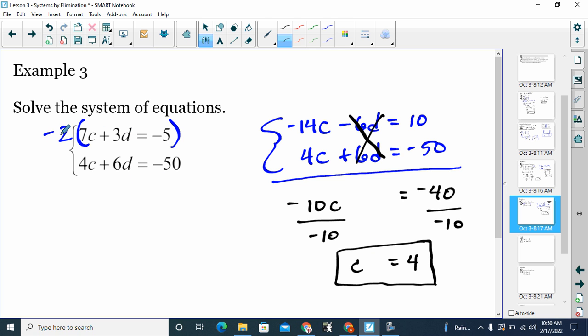I'm going to plug into the top equation. I'm putting 4 in for my c. 7 times 4 for c plus 3d equals -5. Seven times 4 is 28.